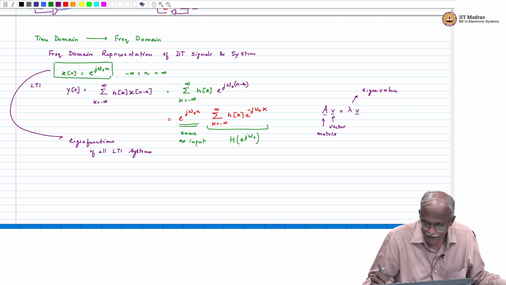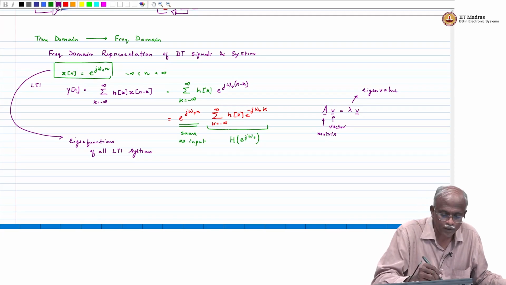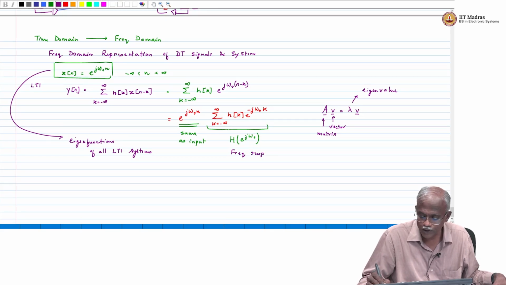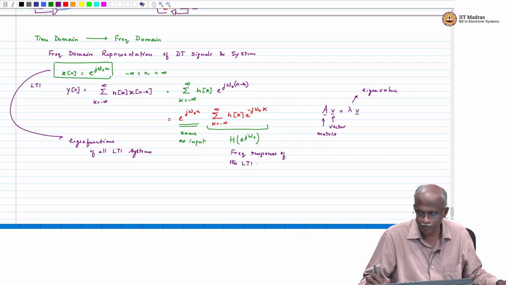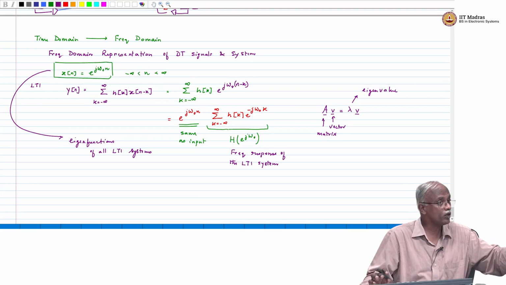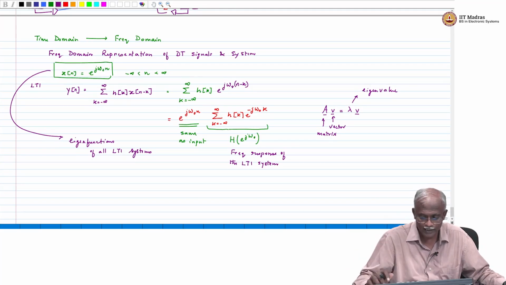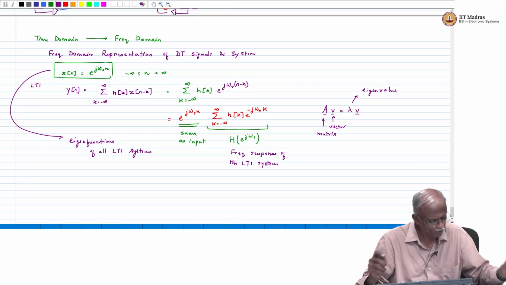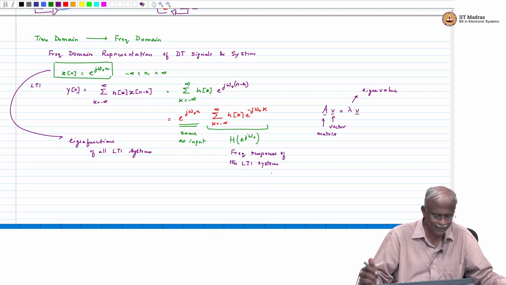So this is what we call the frequency response of the LTI system. Since it is an LTI system, there is an underlying impulse response, that means h of k is present. For which frequency are we talking about? Omega naught. So it is a function of h and omega naught. That is called the frequency response of a system.